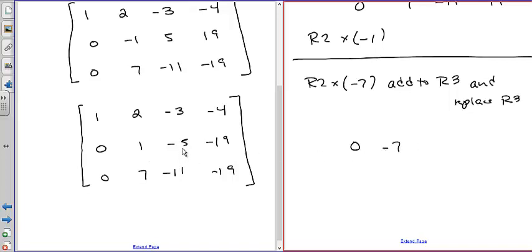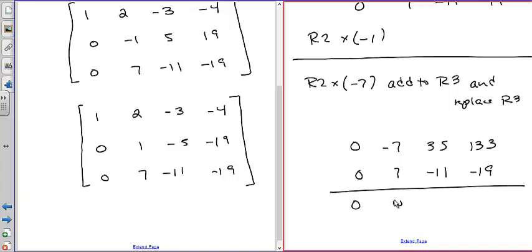Negative 7 times negative 5 is positive 35. And negative 19 times negative 7 is 133. So that's this row multiplied by negative 7. Then I add it to row 3. So I'll get 0, 0, 24. Then 133 minus 19 is 114.